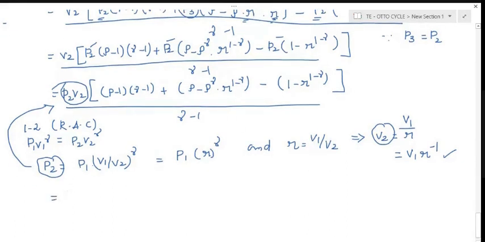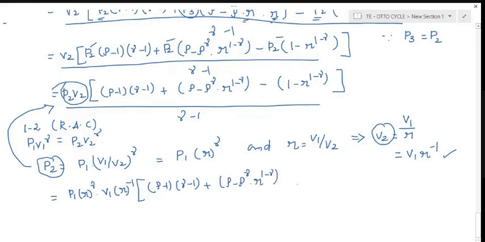Now we can write like this: P1 into r^γ into V1 into r^(-1), and the remaining term is the same: (ρ-1) into (γ-1) plus ρ minus ρ^γ into r^(1-γ) minus 1 minus r^(1-γ). The denominator is the same, gamma minus 1.